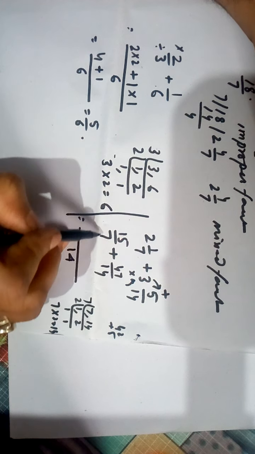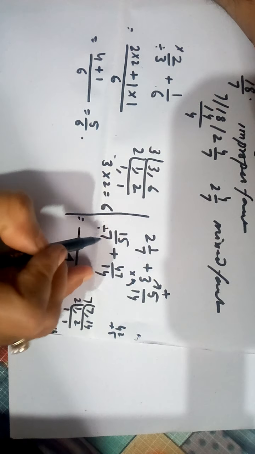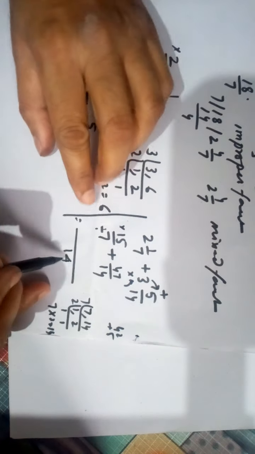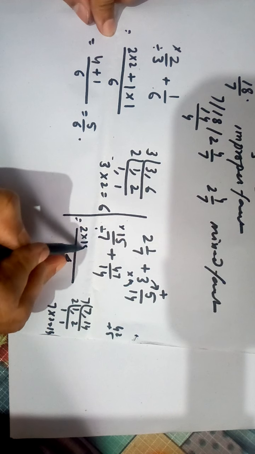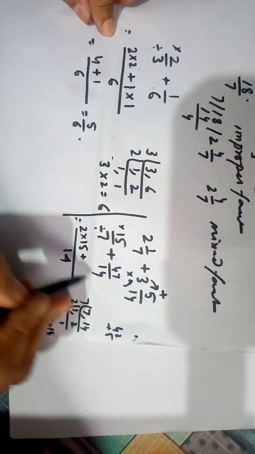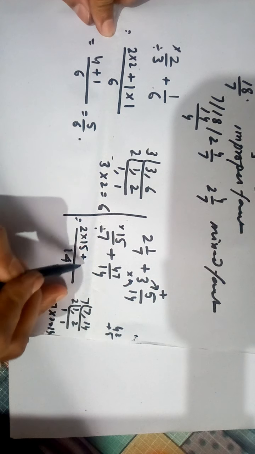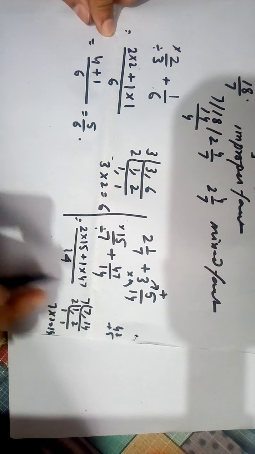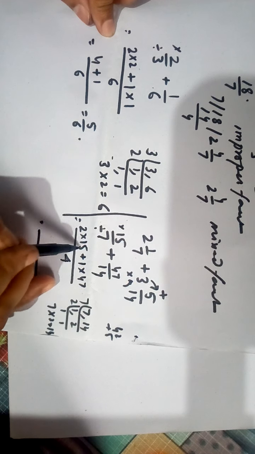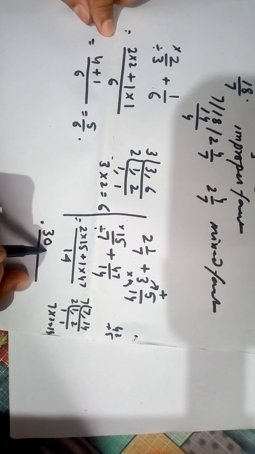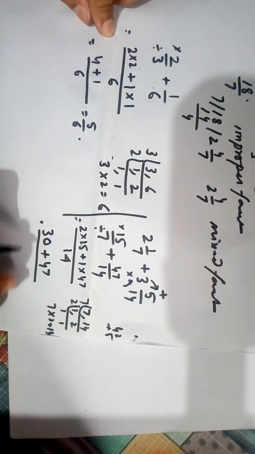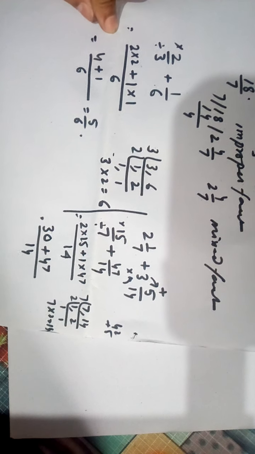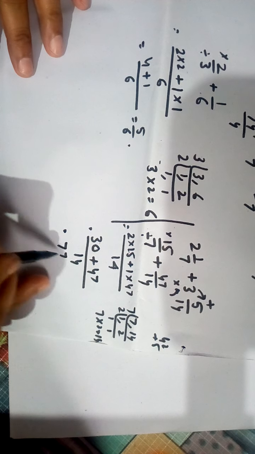Same process, you divide by the denominator and multiply the answer by the upper number. 14 divided by 7, we get 2 into 15, plus 14 divided by 14, we get 1 into 47. Now multiply first, 2 times 15 is 30, and any number multiplied by 1, the same number will come, 47. 30 plus 47 by 14, your answer comes 77 by 14.